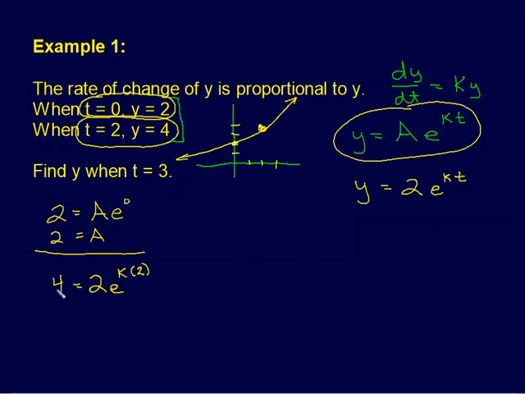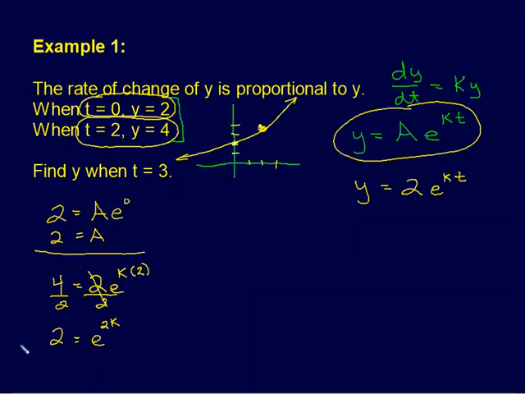I can divide both sides by this 2. So 2 equals e to the, I'm going to write it like this now, e to the 2k. And hopefully you guys are familiar with how we're going to solve it from here. I would encourage you even just to think about that on your own for a minute, how we're going to solve for the k.